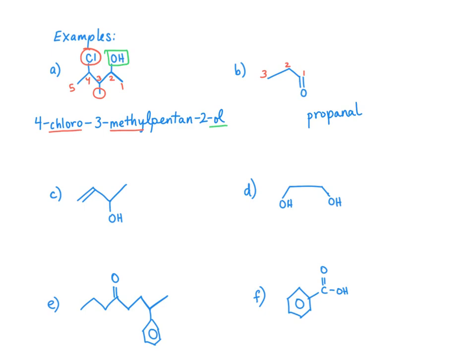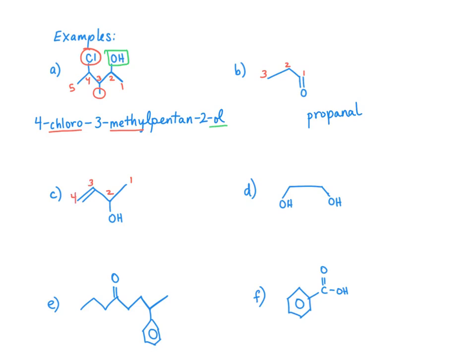Checking example C. We recognize the functional groups of a double bond and the hydroxyl group. Go back to your priority list. You'll find the hydroxyl group is in group A and the double bond is in group B, so definitely the hydroxyl group takes priority. So number from the right in order to give that hydroxyl group the lowest possible number.